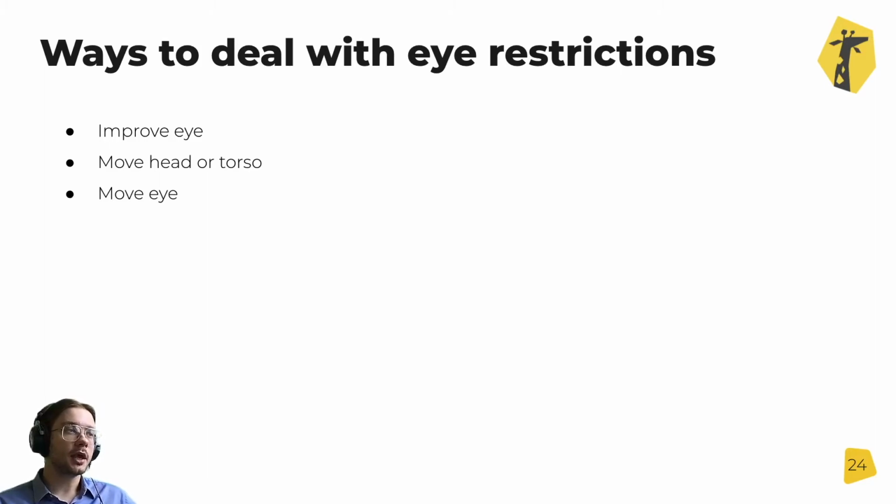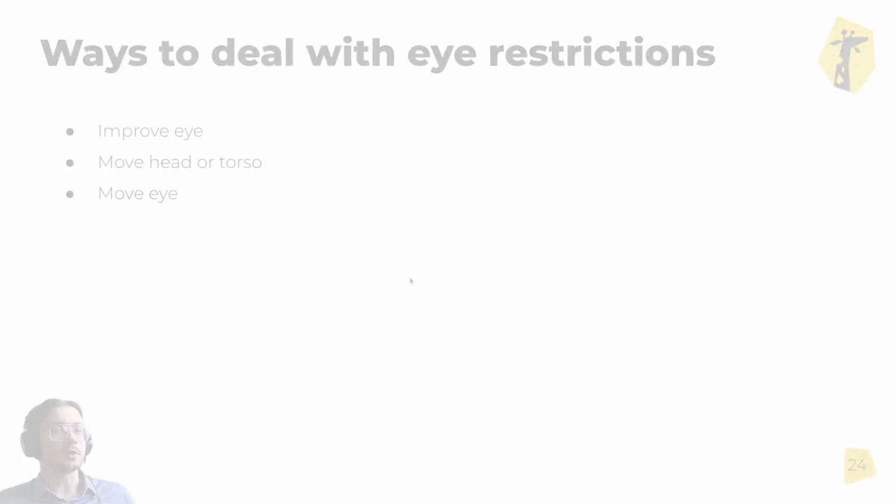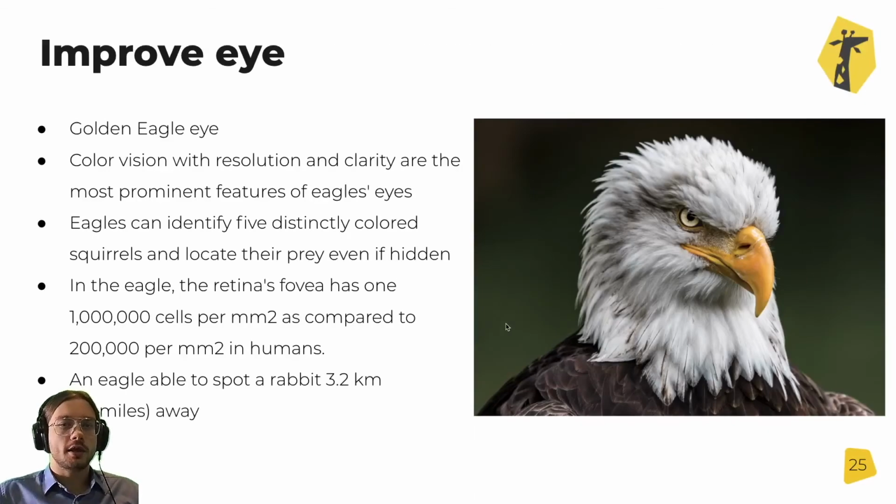But we have a couple of things that we could do with our vision system to perform better, and the three that we will discuss are: first, improve the eye; second, move the head; and the last one, move the eye. We will go one by one and describe it. And the first way is to improve an eye.